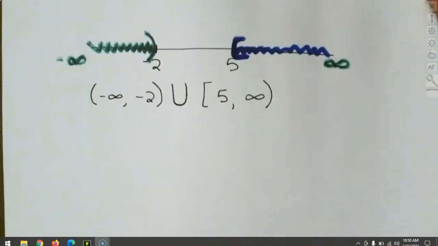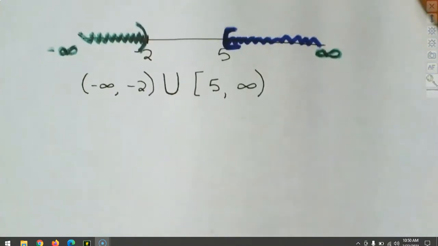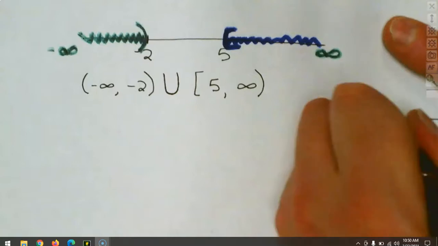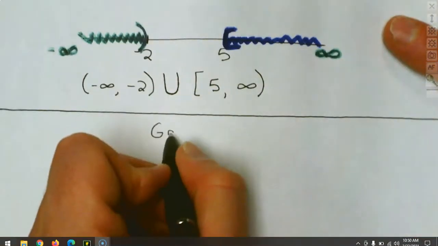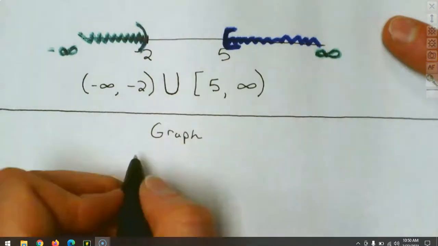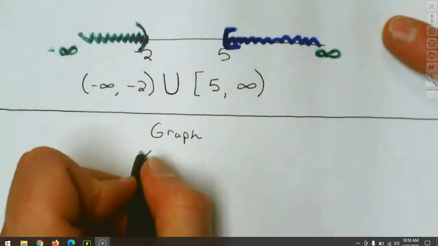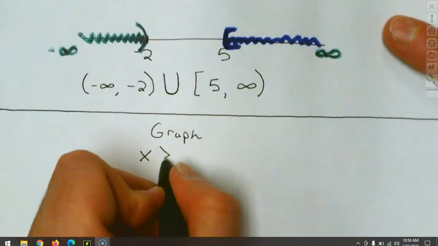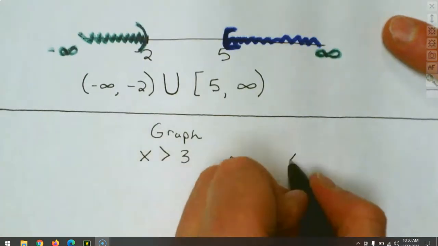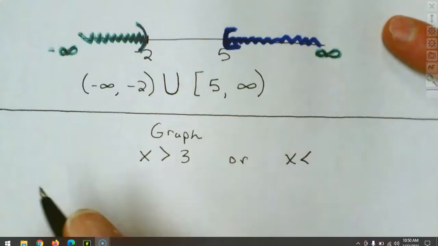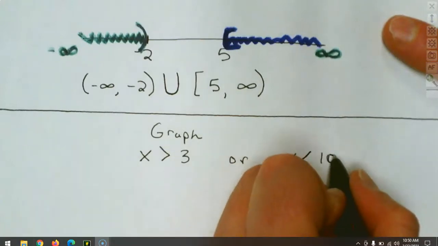Another possible outcome from one of these with an or is an infinite number of solutions. So let's try and graph this one. Let's say x is greater than 3, or x is less than 10.